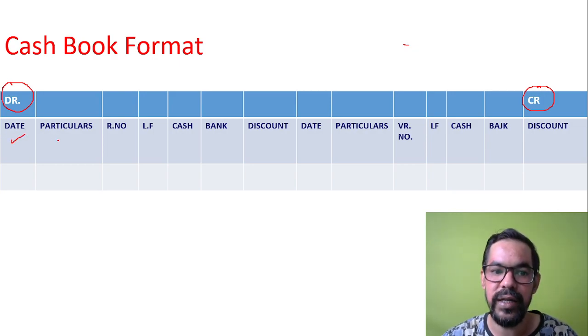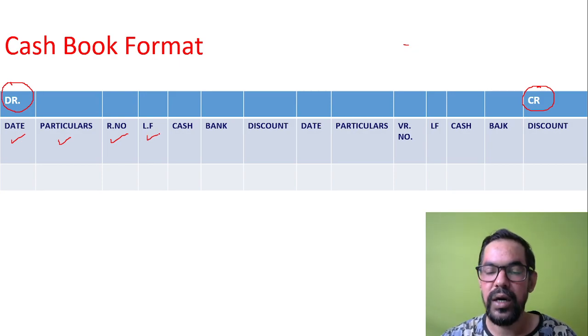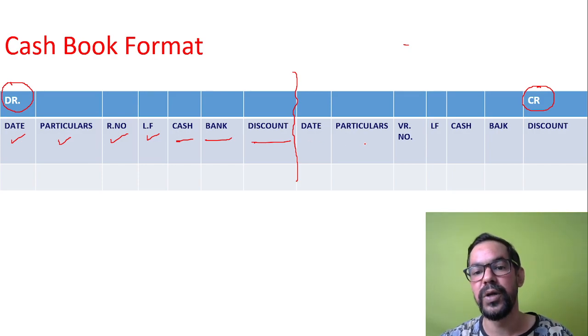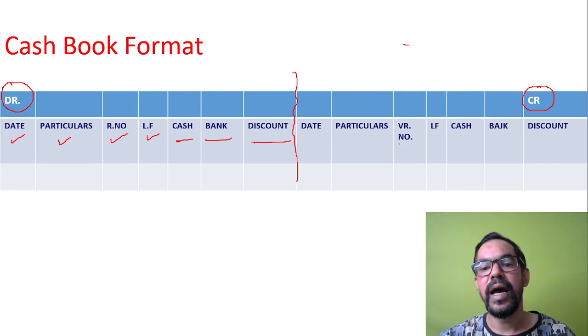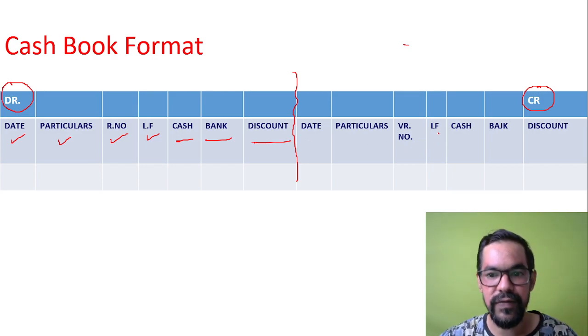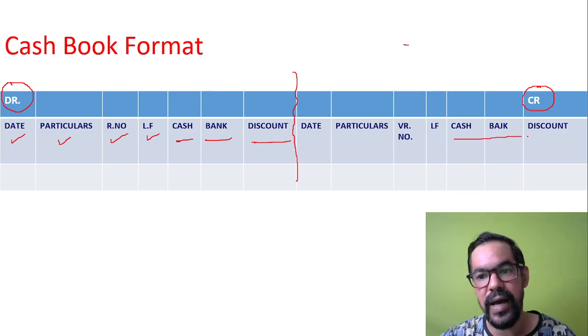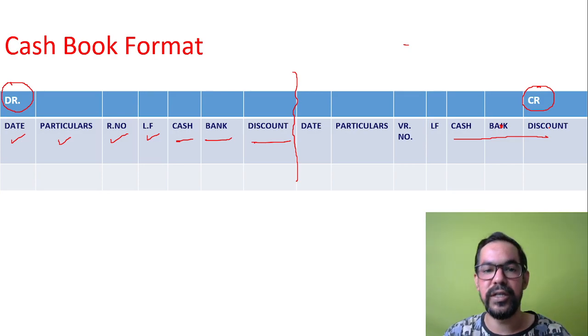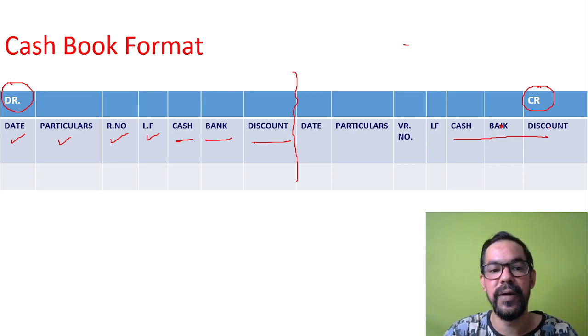First is date, then particulars, then reference number or folio, then we have cash, bank, and discount. Similarly for the credit side, we have date, particulars, voucher number, LF, ledger folio, cash, bank, and discounts. This is the general format we use for cash books.